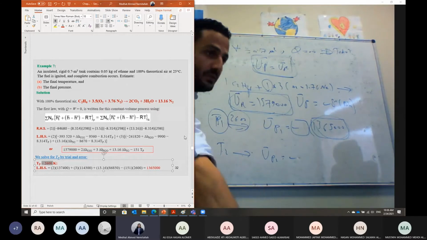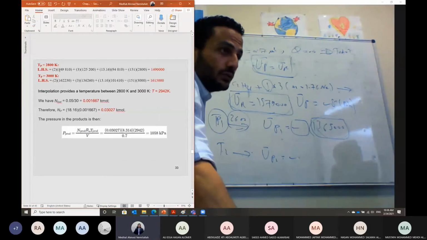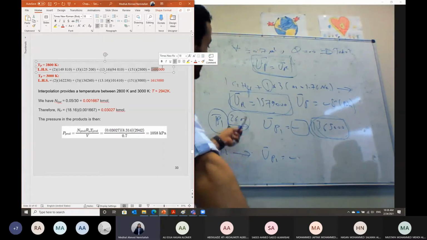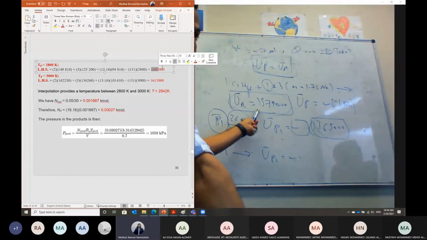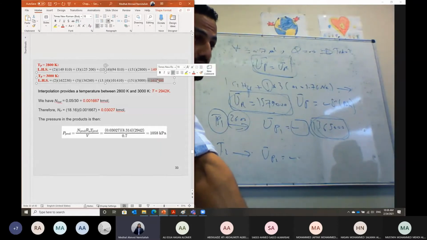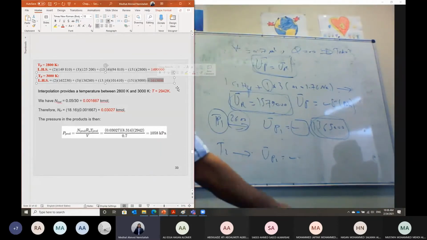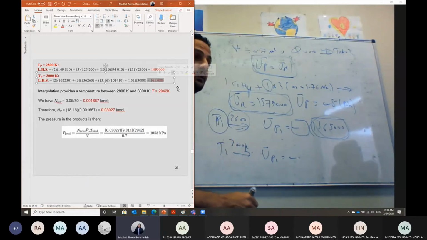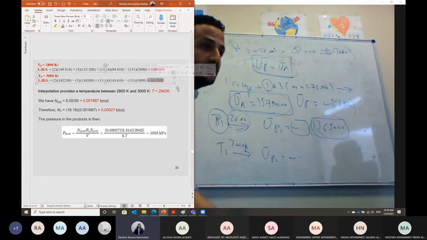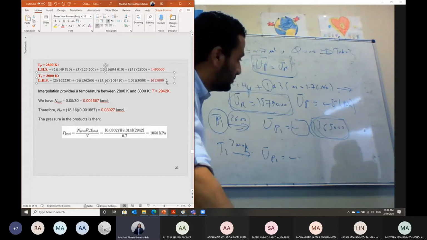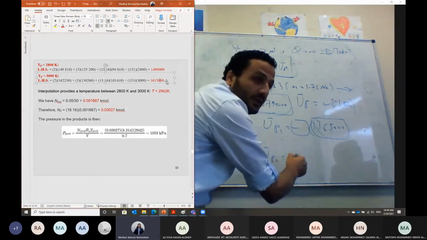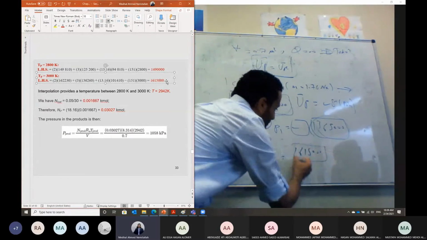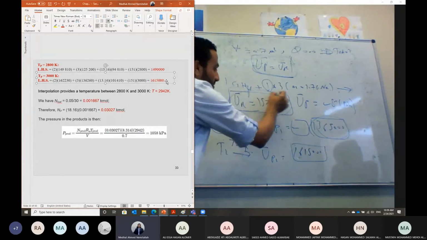That means I have to increase the temperature of the product. If you increase this temperature to 2800, you will find this number 149, and still this number will be less than U reactant. That means I have to increase the temperature, and then if it is 3000 Kelvin, in this case you will find this number U product 2 will equal to 161,500, and this value is greater than U reactant.